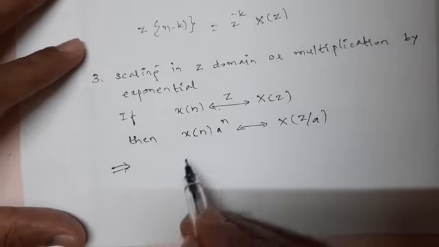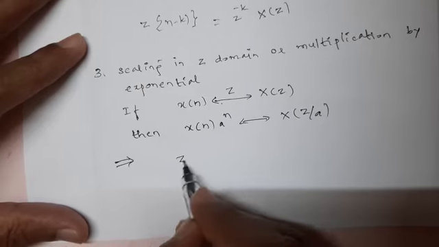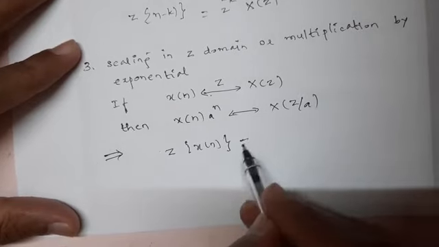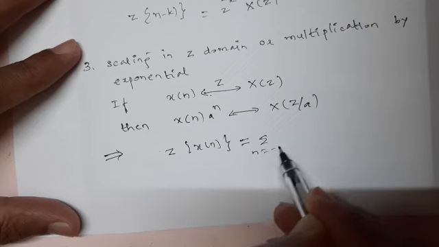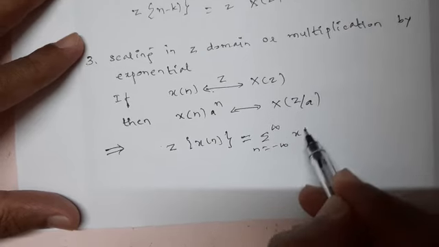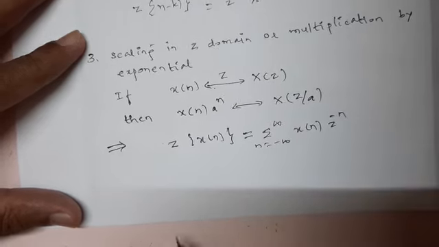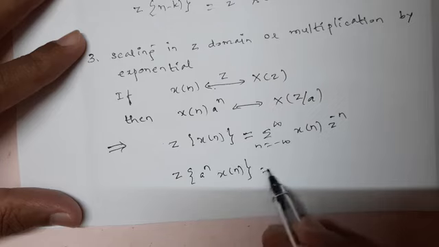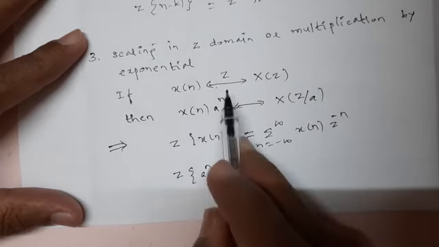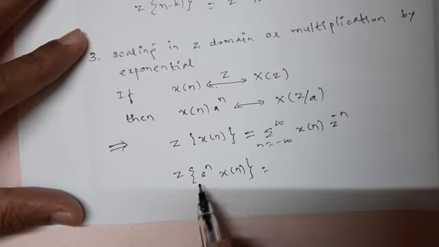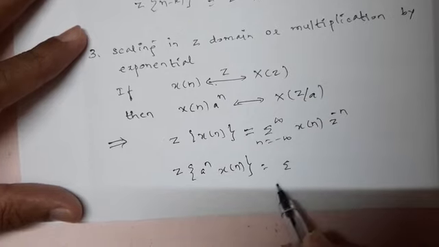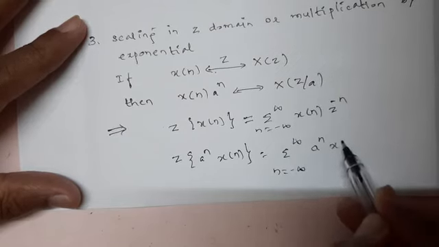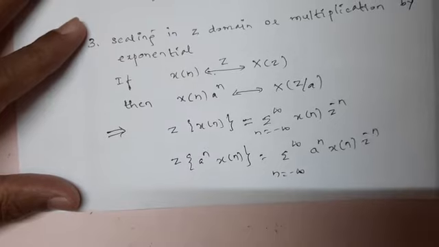Now again, the z transform of x of n, which is X of z, is given by summation n equal to minus infinity to plus infinity x of n z to the power minus n. The z transform of a to the power n x of n, our given thing, is summation n equal to minus infinity to plus infinity a to the power n x of n z to the power minus n.